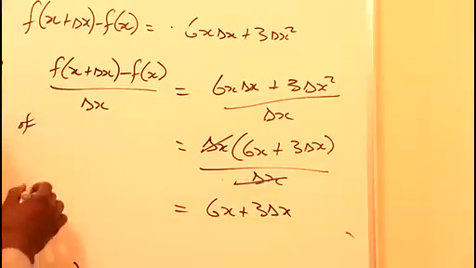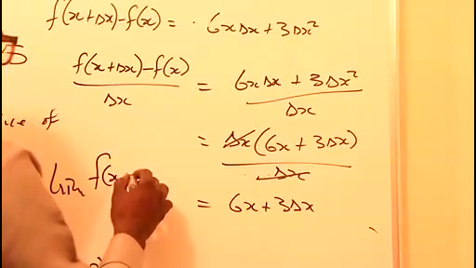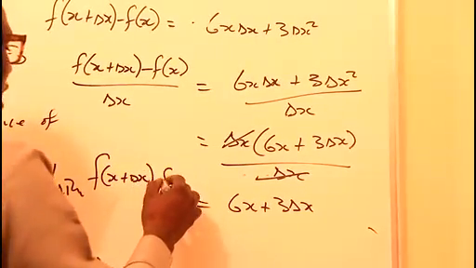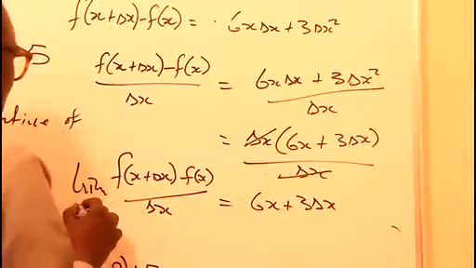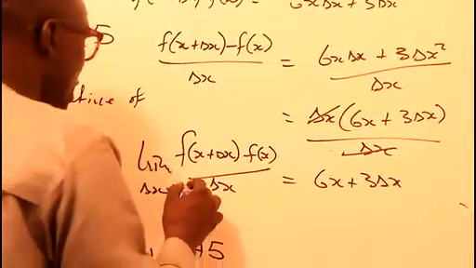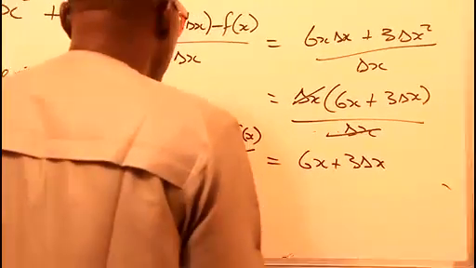Now the limit of f of x plus change in x minus f of x over change in x as change in x tends to 0 will be the same thing as taking the limit of this.